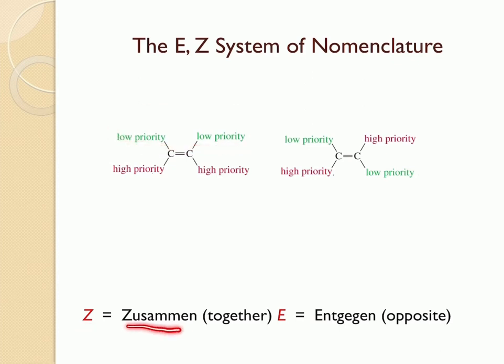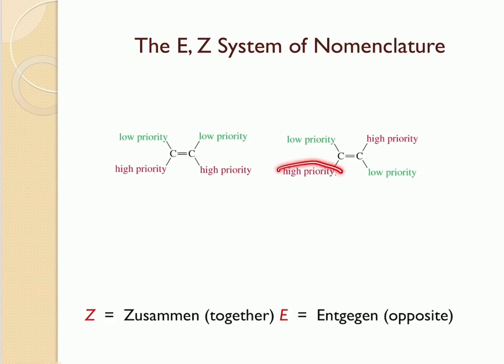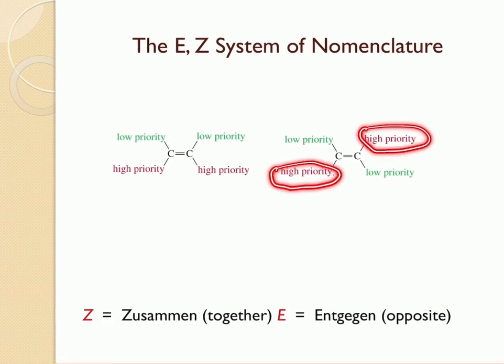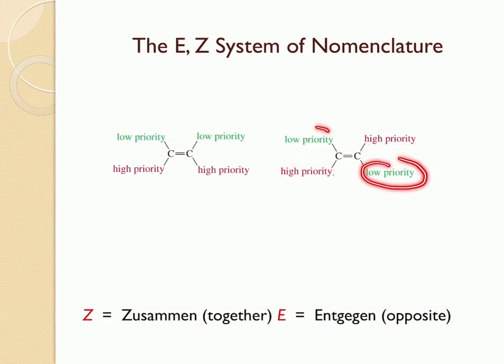Z stands for zusammen, which means together in German. And if the high priority groups are going to be on opposite sides, then it has to be designated by the symbol E. E means entgegen. In German, it stands for opposite.